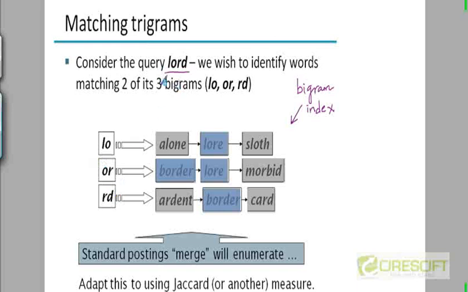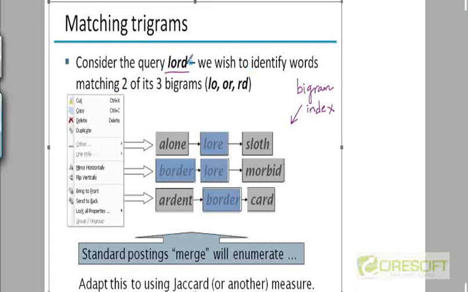Now suppose I want to compute all the terms in the dictionary which have 2 matching bigrams with my query term.